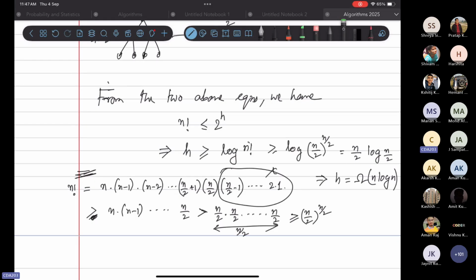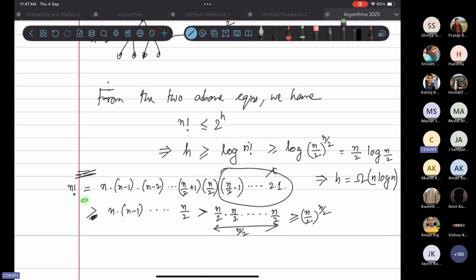Okay. And why is this omega of n log n? Calculation is not good. Which calculation? Everything I have written here. So maybe you may not get this one. For that, I'll suggest you go back and check the definition of these notations.